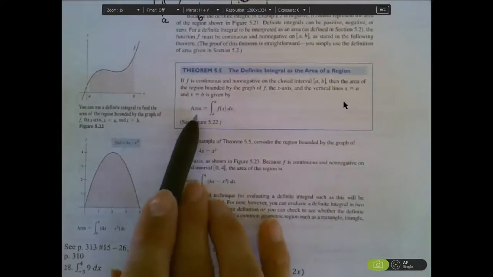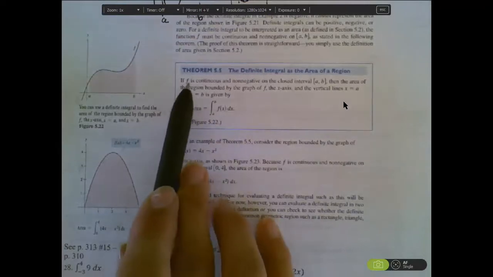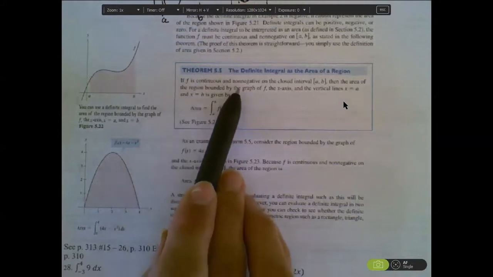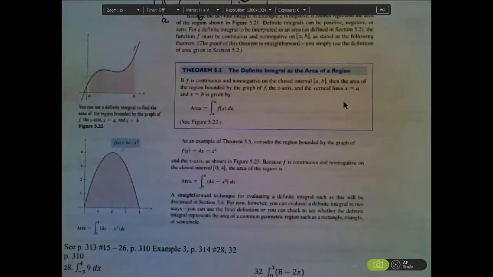As long as you're integrating a function that's continuous and non-negative on that interval.